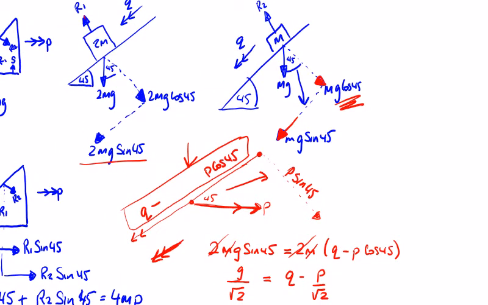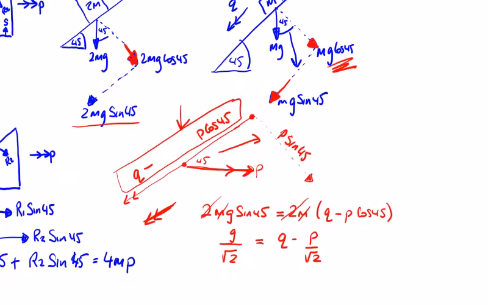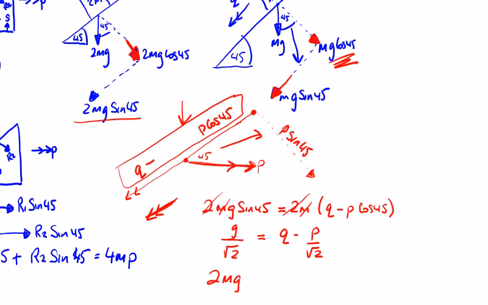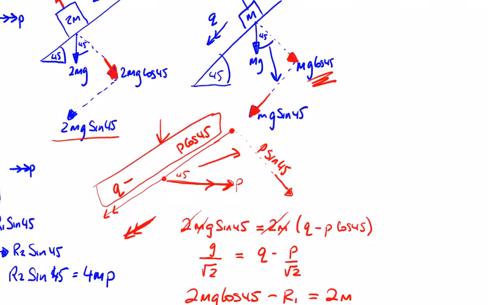Let's look at this direction here, the R1, and this direction here. So we're starting with this direction going down this way. 2mg cos 45 minus R1 is equal to 2m times a, which is this a here, p sine 45.